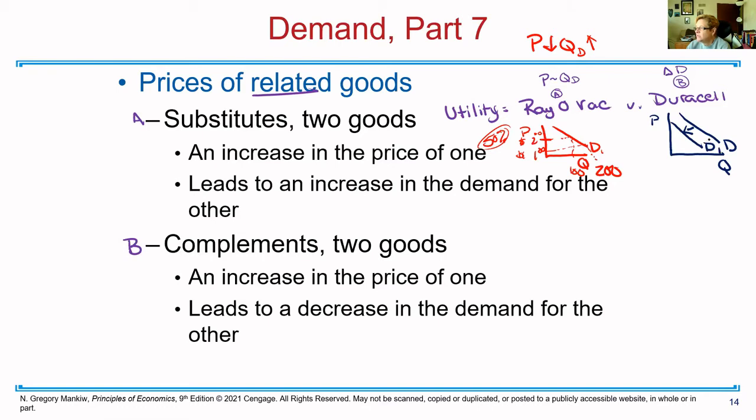Notice that the price of Duracell doesn't change immediately, but the quantity demanded does end up decreasing. Why? Because we end up with a change in demand, because the price of Rayovac went down. So here, the graph of Rayovac is a change in the quantity demanded, which caused a change in demand for Duracell. Okay?